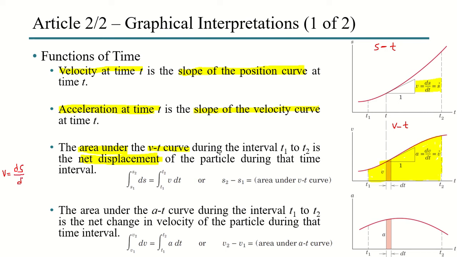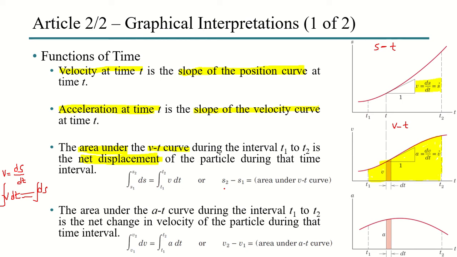And then cross multiplying by dt, we have v times dt equal to ds. Then integrating both sides, that is why we have this expression here. Then we can solve for s.